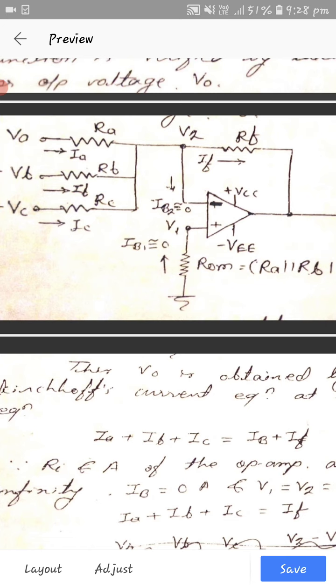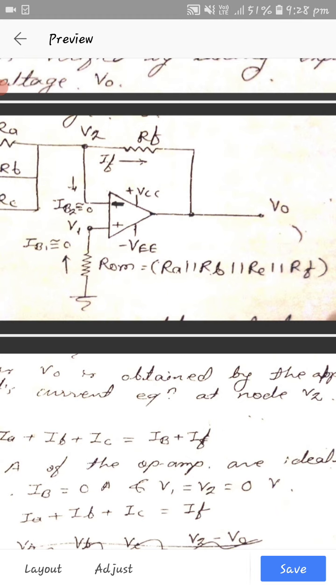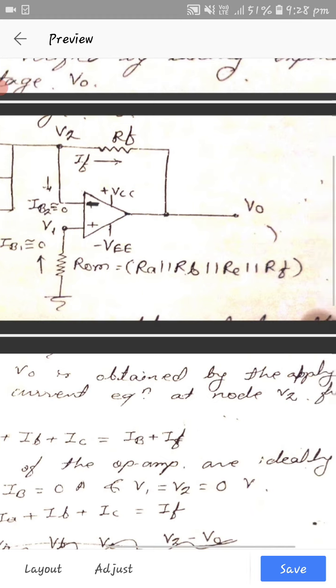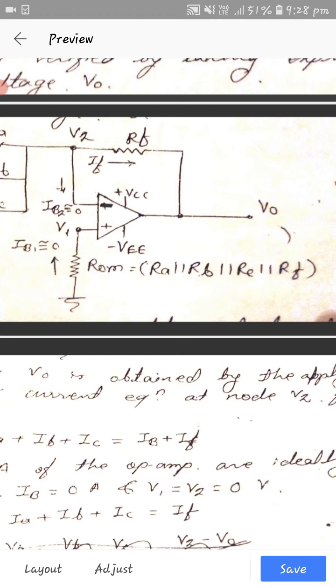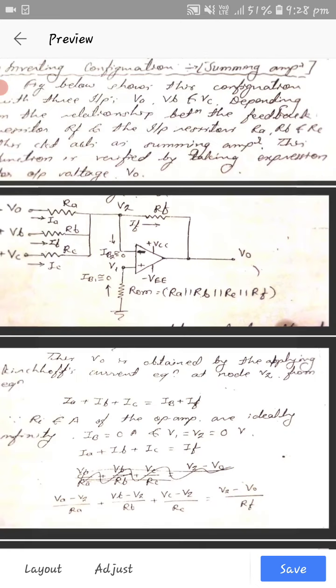A resistor ROM is used at the non-inverting terminal and grounded; it equals RA parallel RB parallel RC parallel RF. The current flowing through the feedback resistor is IF, and the output voltage is V0.